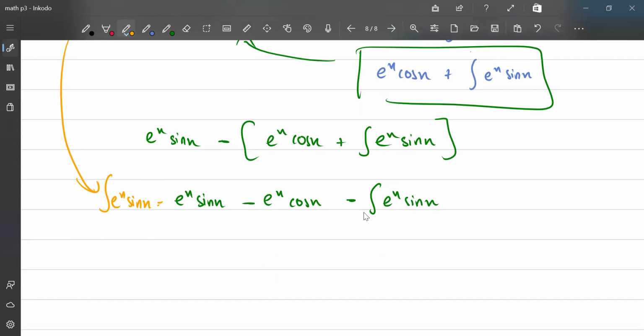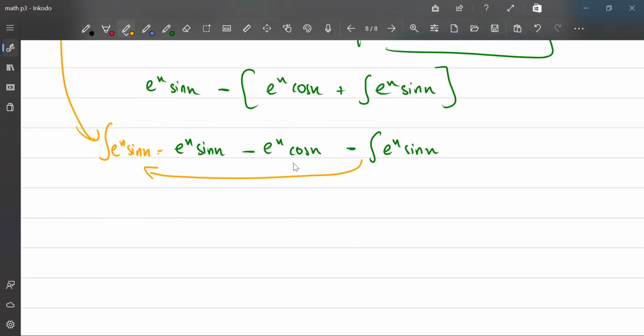All right. Now you are going to move this towards the left, and when this goes there, it would be 2 integral of e^x sin x is equal to e^x sin x minus e^x cos x.